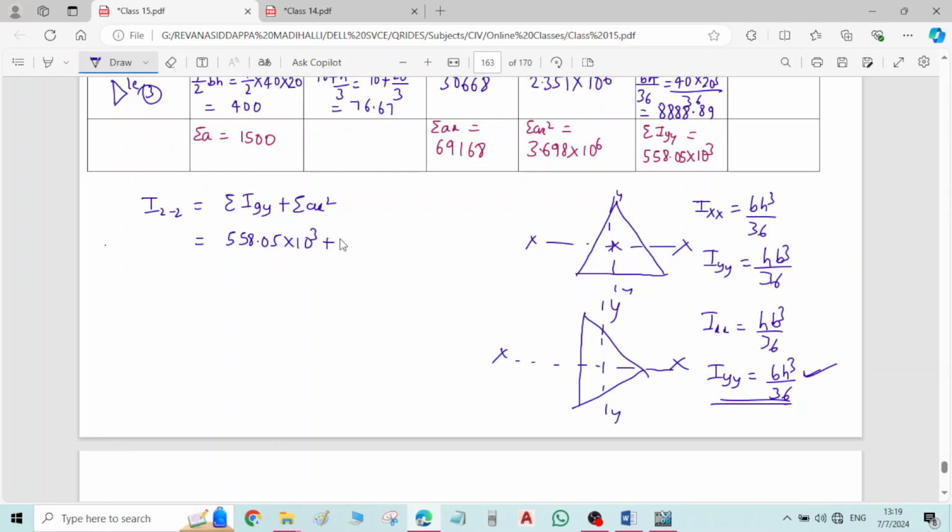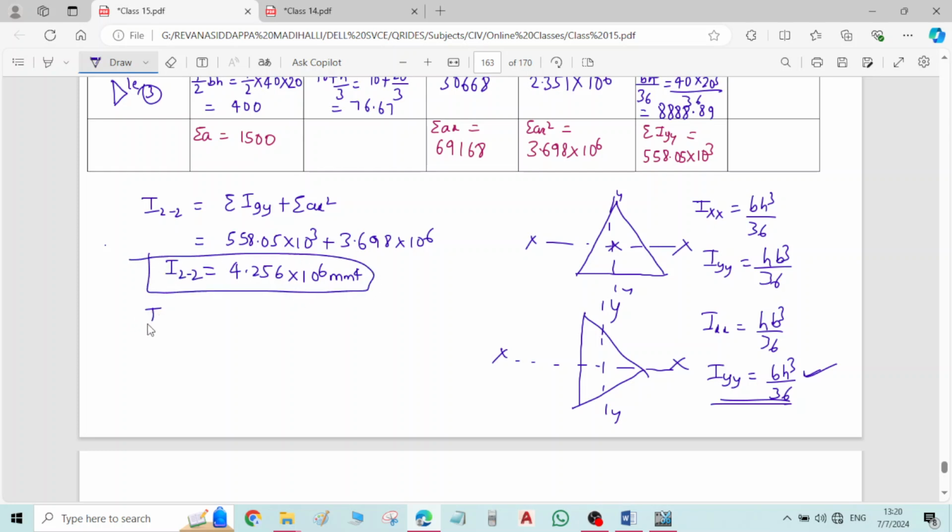Sigma AX square is 3.698 into 10 power 6. The answer is 4.256 into 10 power 6 millimeter raised to 4. This is moment of inertia about axis 2.